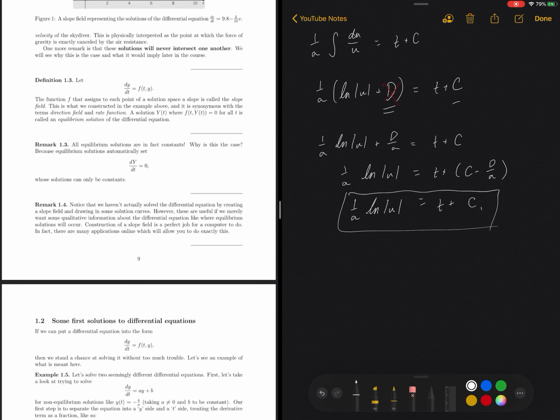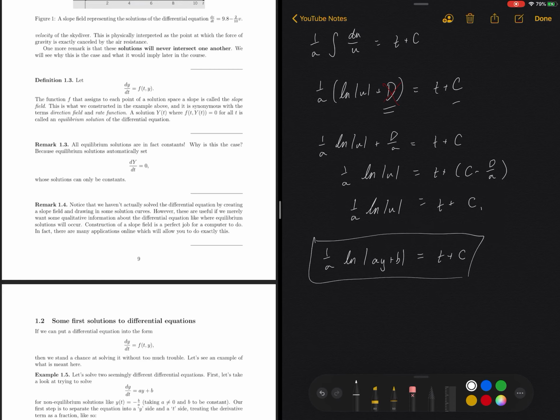So with that in mind, I will never do that again. I will only ever consolidate my integration constants once and never worry about them again. There's just one constant to deal with. So quite frankly, if I put my substitution back, if I put u equal to ay plus b back into the equation, then technically I'm done.